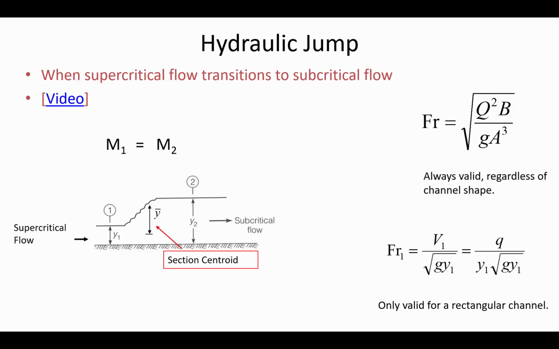The more supercritical it is upstream, the bigger the jump is going to be. If you have really shallow, very fast-moving water, then it's going to jump up to a very high depth downstream. So finding the magnitude of the Froude number upstream is important, and this function will find it regardless of the shape of the cross section. And this function, remember, is only valid for rectangular channels.